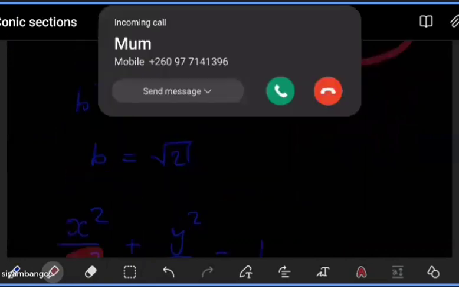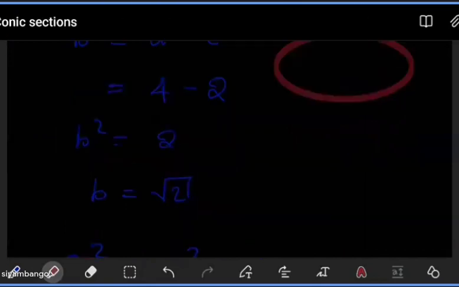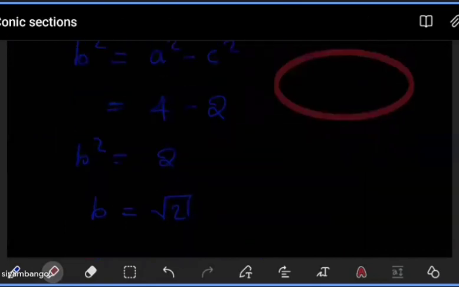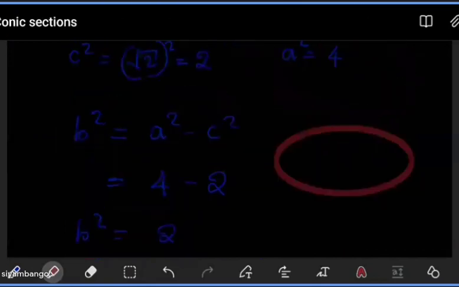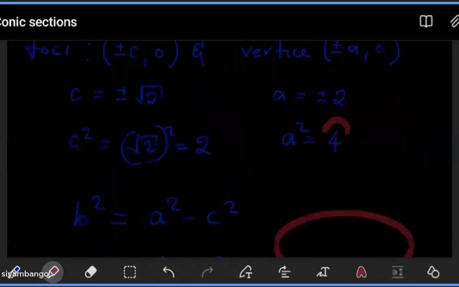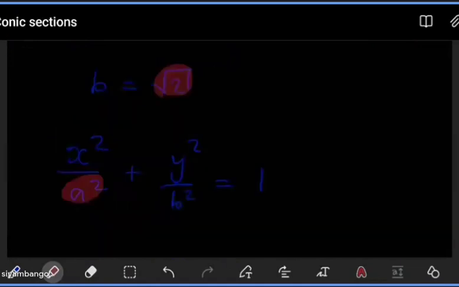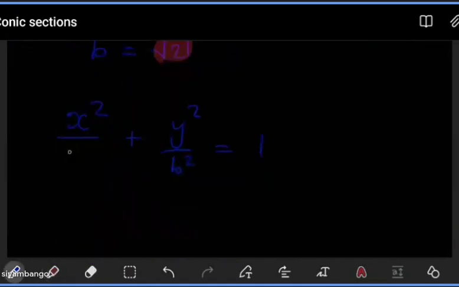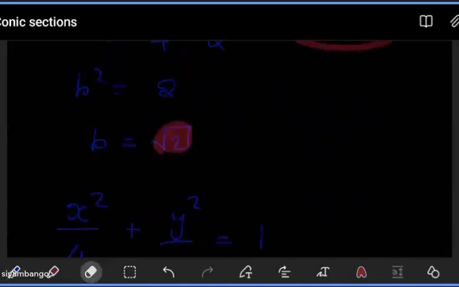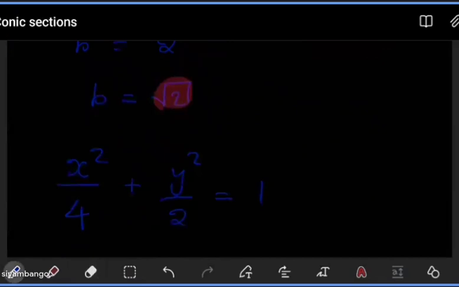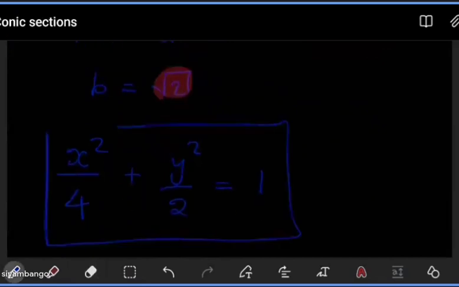So when I compare b squared and a squared, a squared has a 4, b squared has 2. Clearly, a squared is bigger, meaning the denominator for x will be the one, which is 4. The denominator for y squared would take 2. So this is b squared there. So this becomes the general formula.